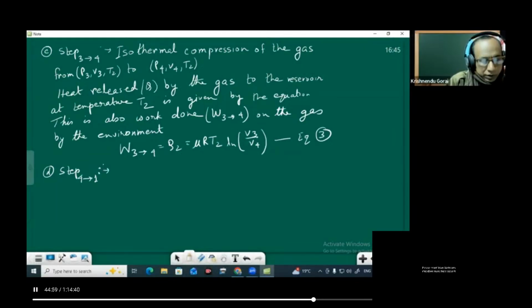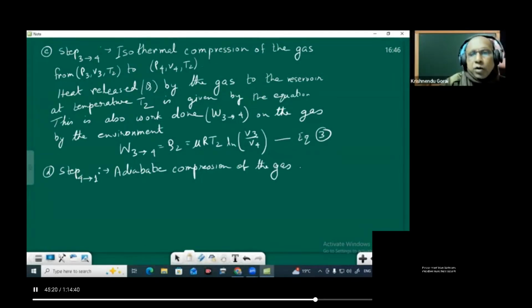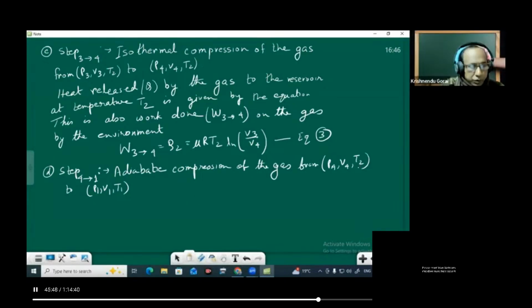This is adiabatic compression of the gas from P4, V4, T2 to P1, V1, T1.